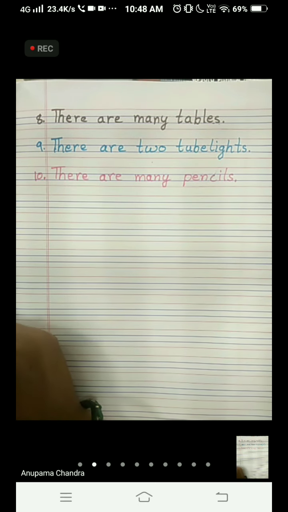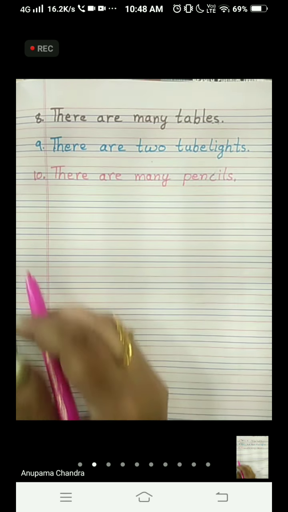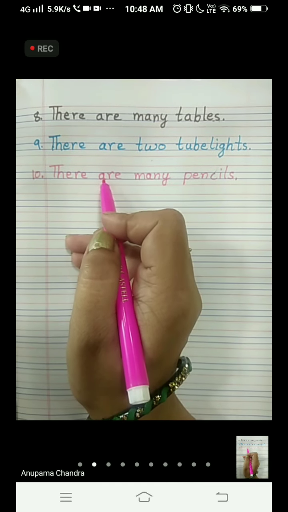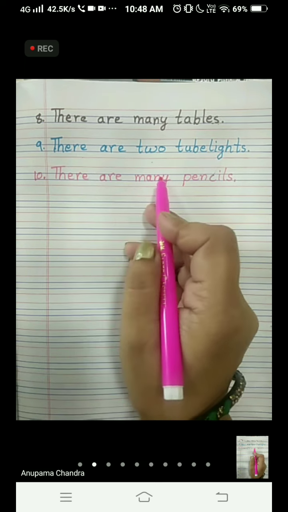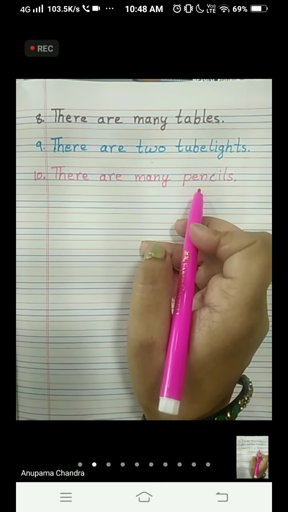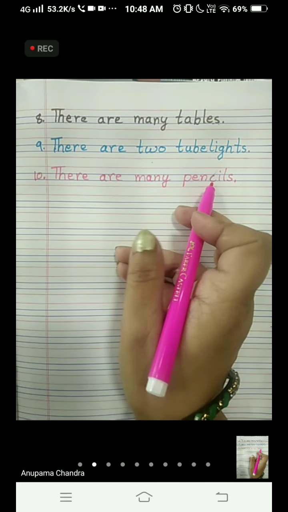So we consider it as many pencils, and many means more than one. So we have to start the sentence with there are. And our sentence will be, there are many pencils. I repeat, there are many pencils.